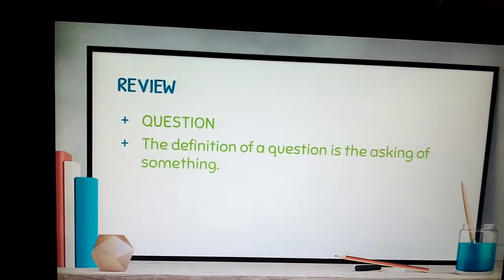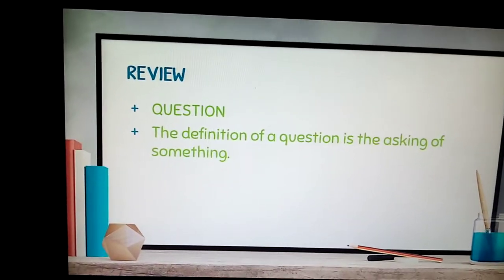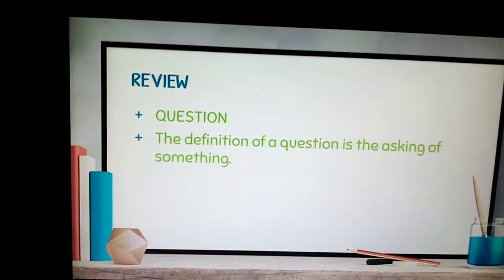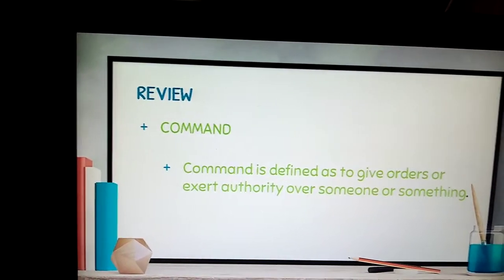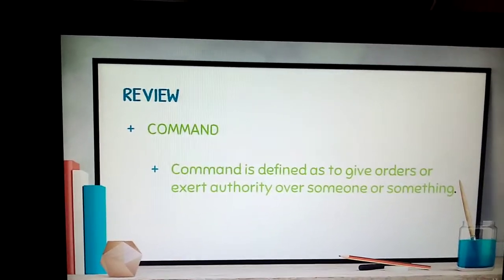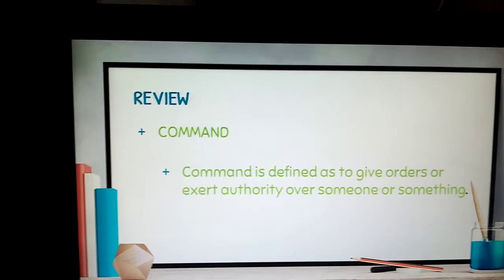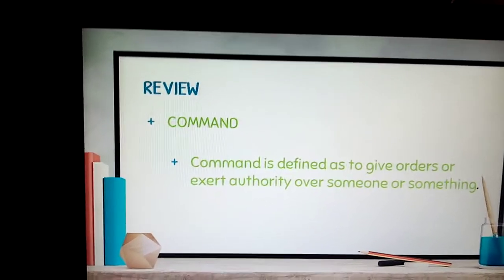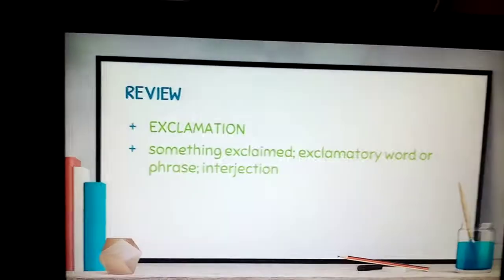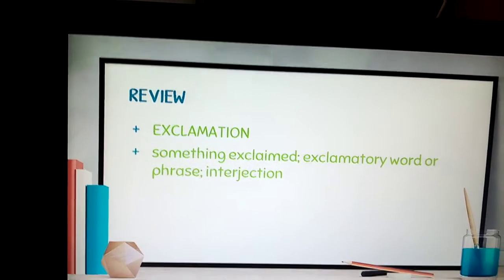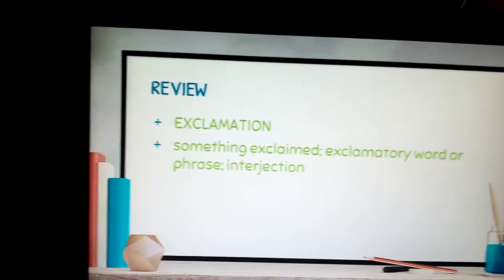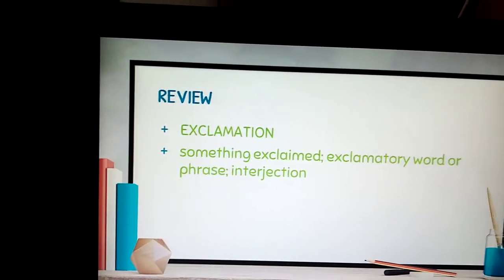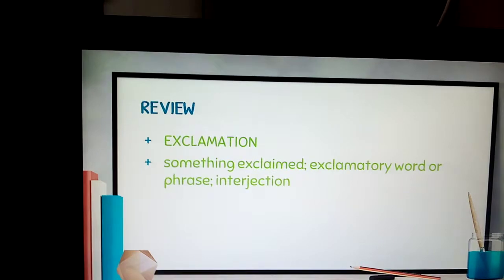The definition of a question is the asking of something. We already saw these words in grammar. We have to remember how to use them. Command is defined as to give orders or exert authority over someone or something. Exclamation: something exclaimed, an exclamatory word or phrase, interjection. We have to remember these 4 words because we are going to use them to answer the exercises.